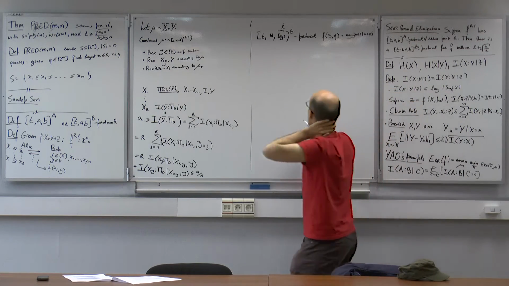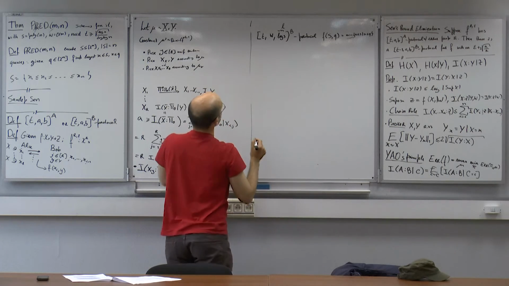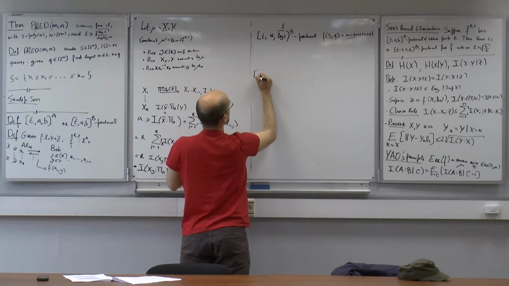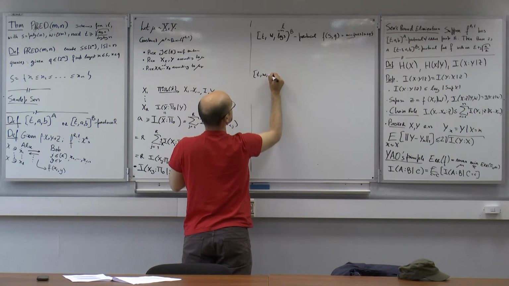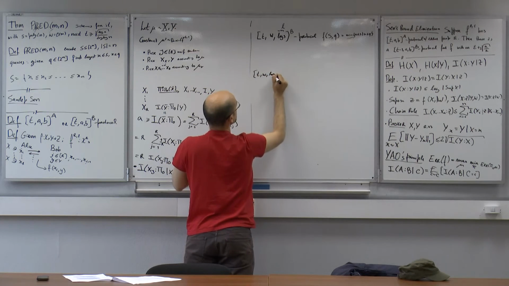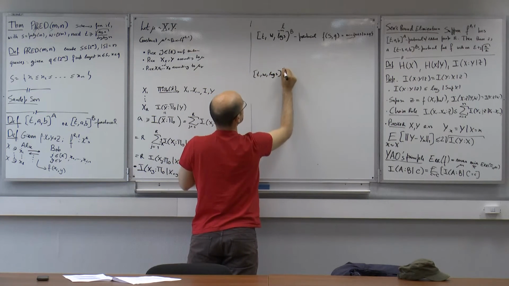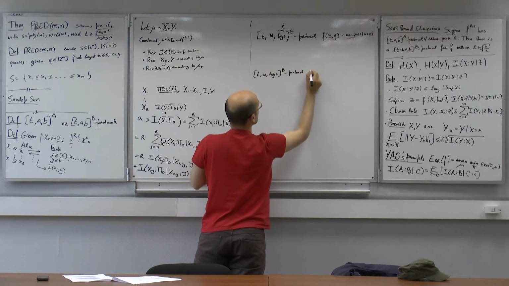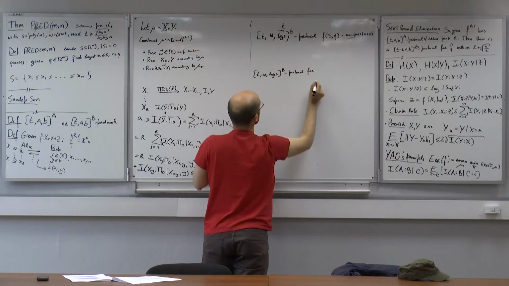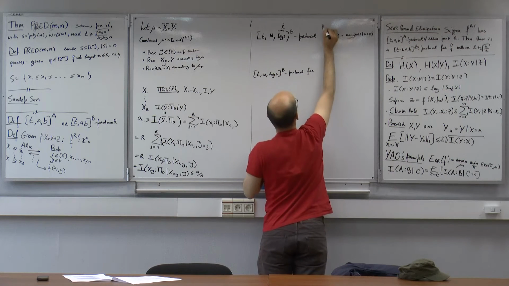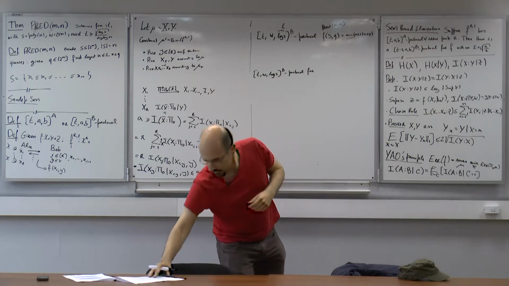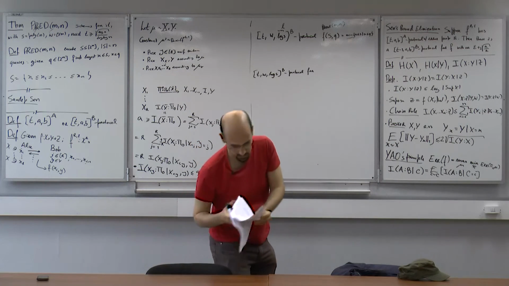Now I'm going to show you that if I have such a protocol for this function, then I also have the same kind of protocol for predecessor with parameters m and n.